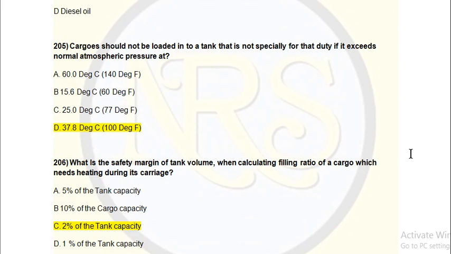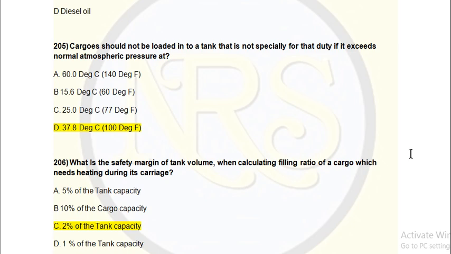Question number 205. Cargo should not be loaded into a tank not specially designed for the duty if its vapor pressure exceeds normal atmospheric pressure at: option A, 60 degrees Celsius or 140 degrees Fahrenheit. Option B, 15.6 degrees Celsius or 60 degrees Fahrenheit.